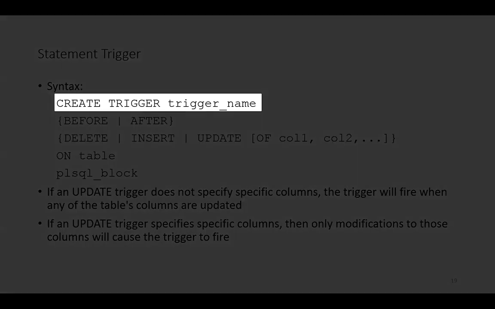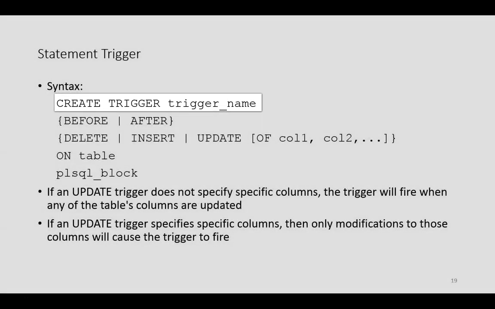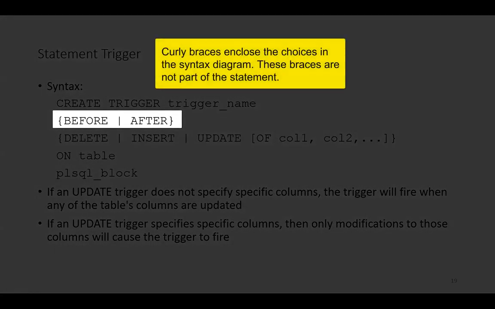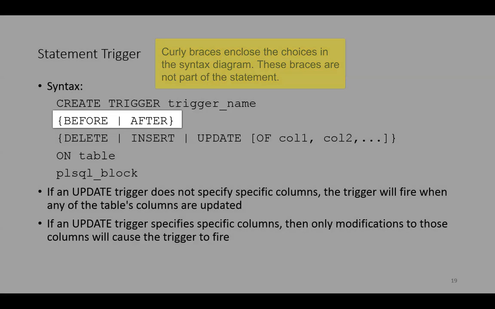The name must be unique within the schema in which the trigger is being created. We then specify the timing, either before or after. The vertical bar here gives us a choice. Do the before or do the after. The curly braces enclose our choice of options available to us.